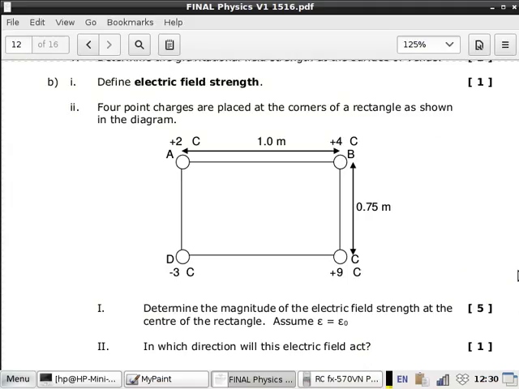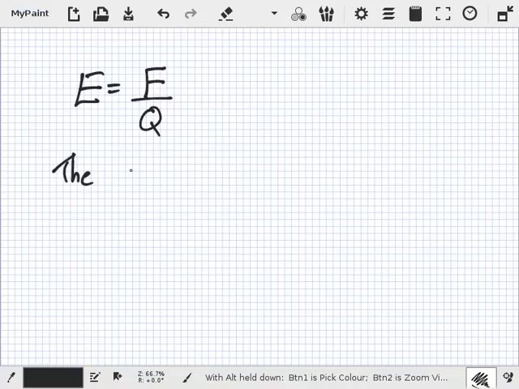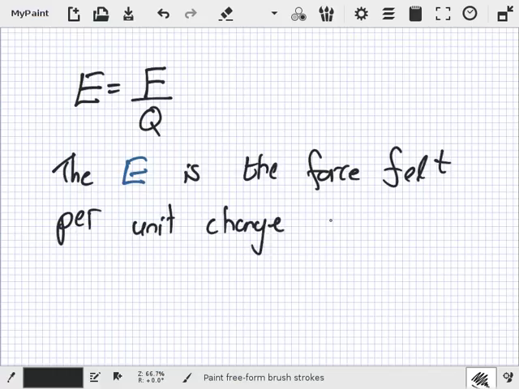The formula, which you have forgotten, which is why I say don't do it, is F over Q. So, the electric field strength, I'll just write E for short, is the force experienced per unit charge in a field.